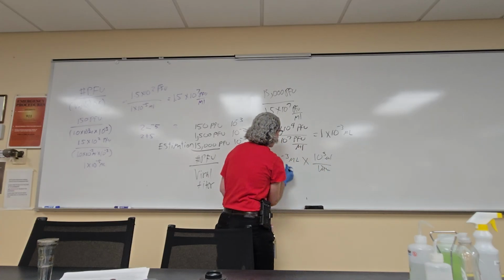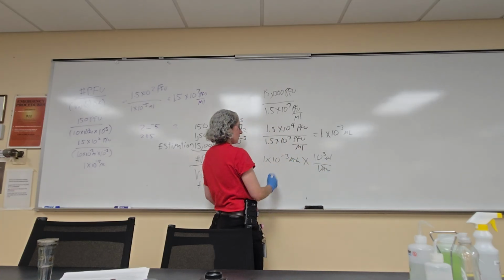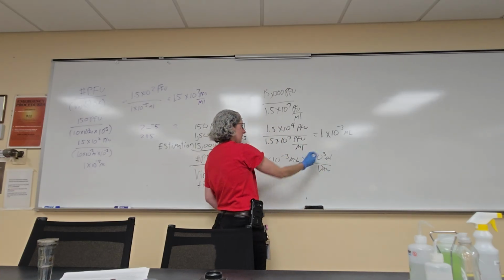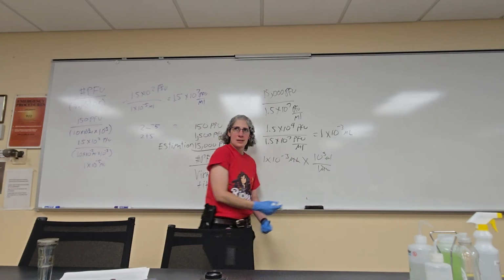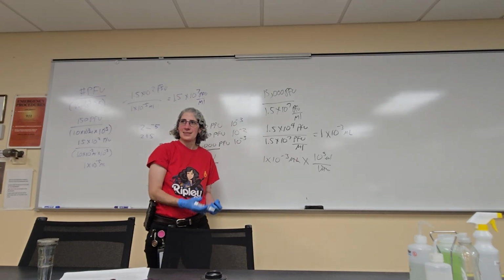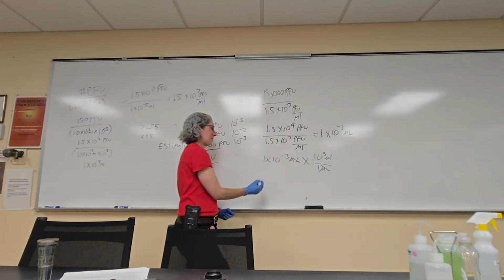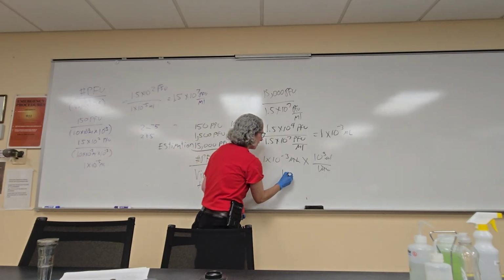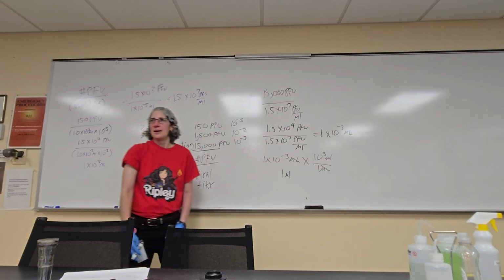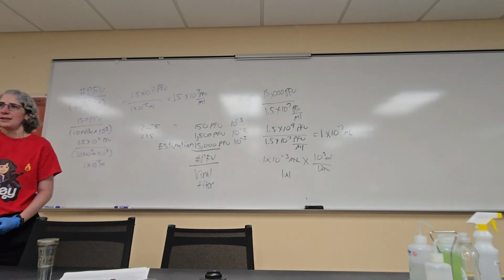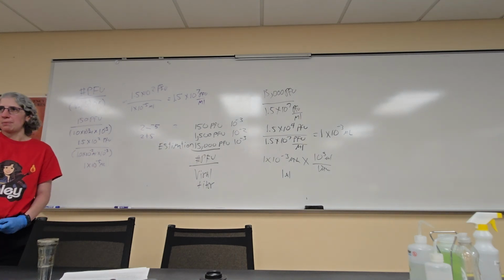We can cancel out our mil units here. So again, we're going to go ahead and add these up. Minus 3 plus 3, 1 microliter. We're looking at 1 microliter of the lysate needed to create a webbed plate.